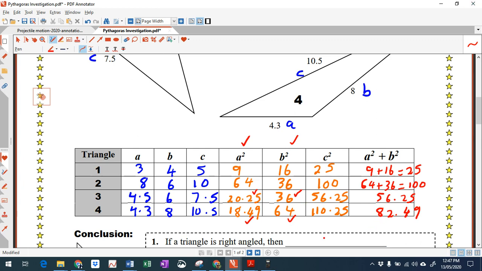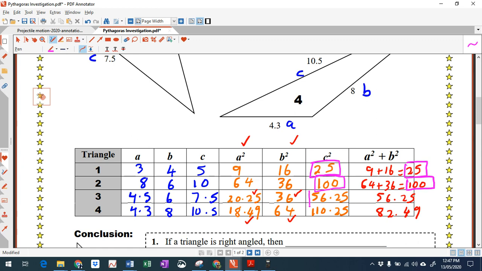Now, let's see if we can see a little pattern here. Can you see that this number and this number are the same? Can you see that this number and this number are the same?